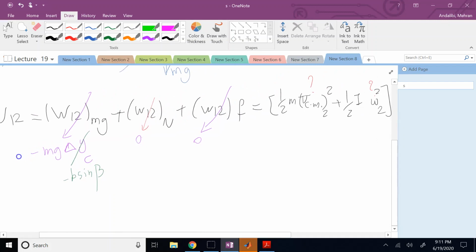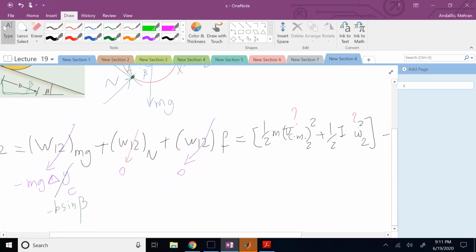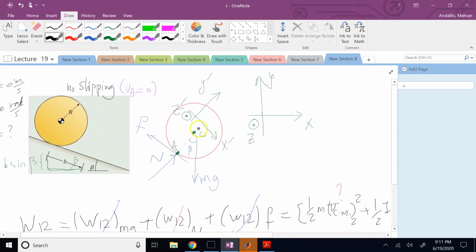Now, if you look at the two sides of this equation, this is all zero, good. So I have one equation with two unknowns, VCM2 and omega2. You cannot solve one equation with two unknowns, but since the kinetics is a dead end, we go back to kinematics. This is rolling without slipping, so there is a relation between V of the centroid and omega. Rolling without slipping means two things. First, the contact point velocity is zero.